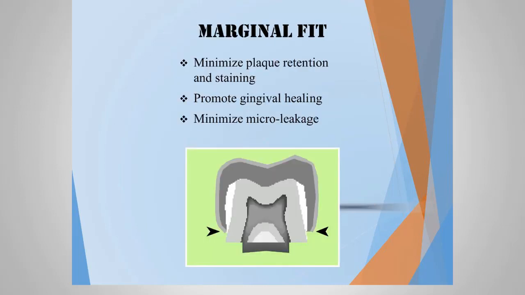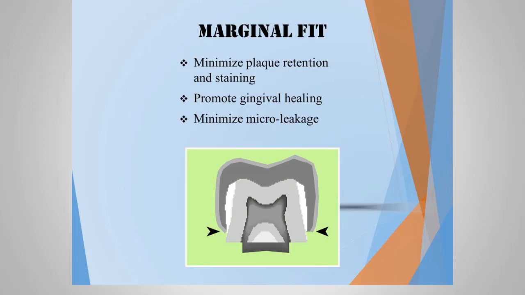Marginal fit. We want our temporaries to cover the margins. This minimizes plaque retention and staining around these margins. The less plaque we have, the better the health of the soft tissue around those margins. It allows the gums not to be irritated by plaque that may be around the margins.